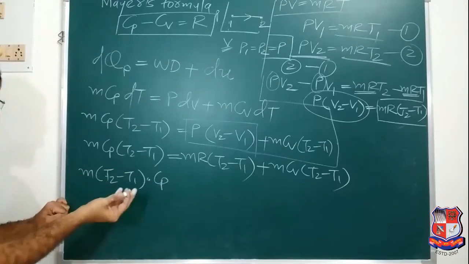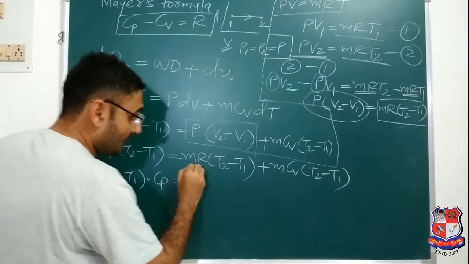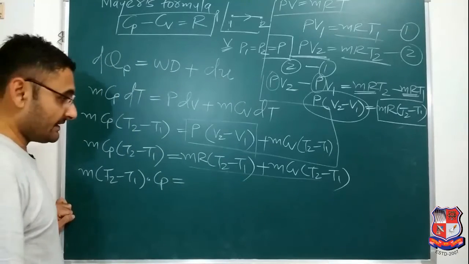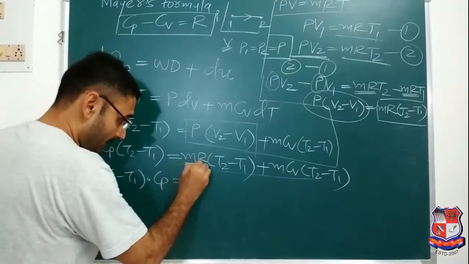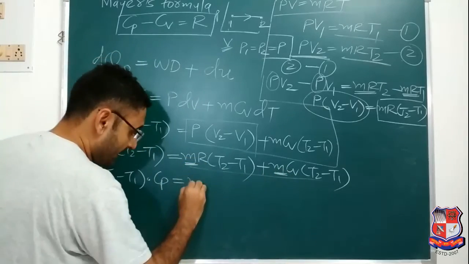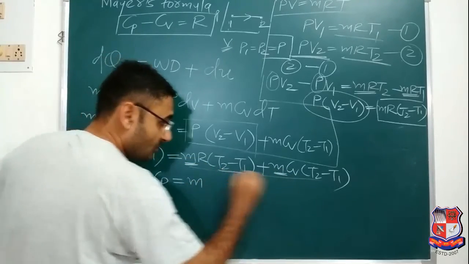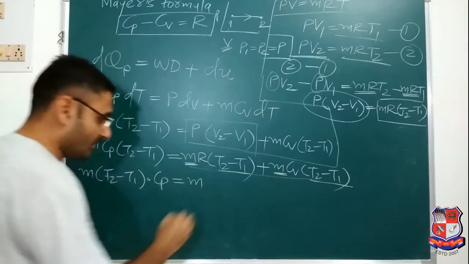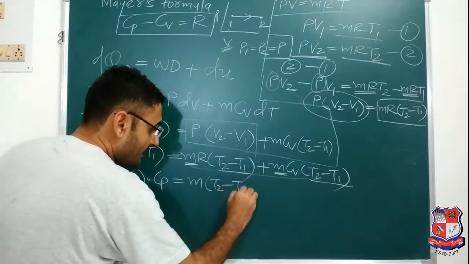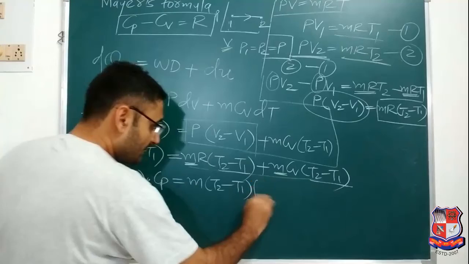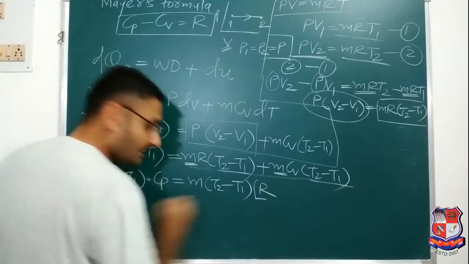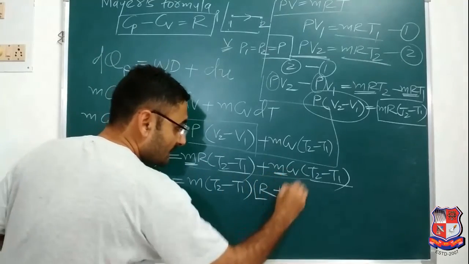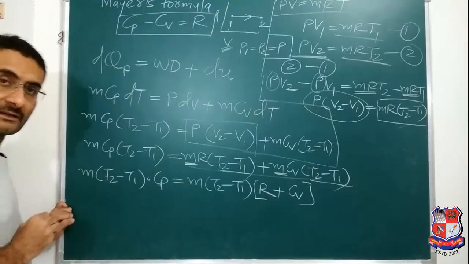I am simply interchanging the terms. On the right hand side, I will take m(T2 minus T1) common. Remaining is R, and over here plus Cv.